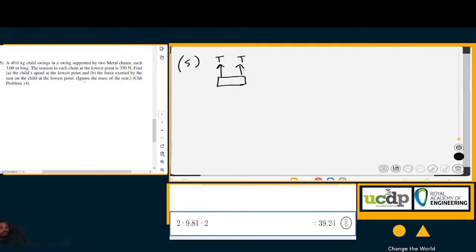And of course, we assume that the child is sitting exactly in the middle between these two chains. And then, of course, the weight of the child is the other force. And if we take a look at the force on the seat itself, it is the weight, and then the normal force pushing the seat upwards.